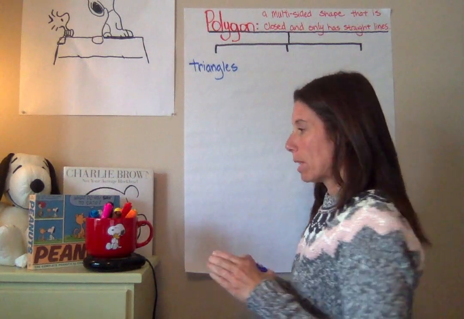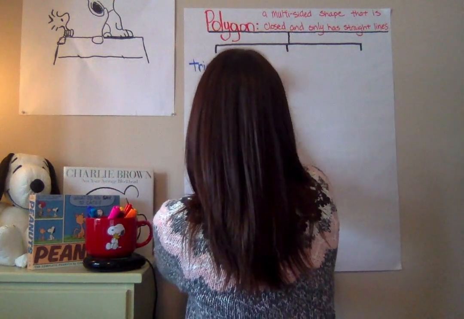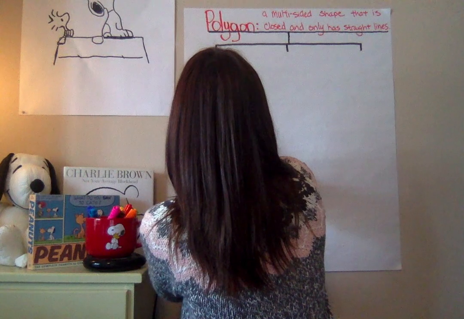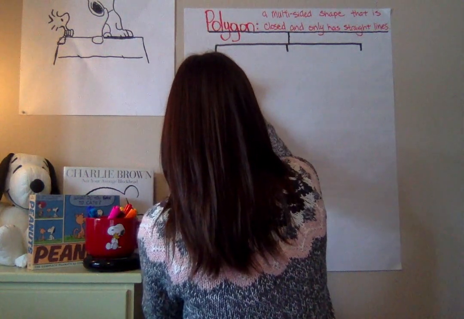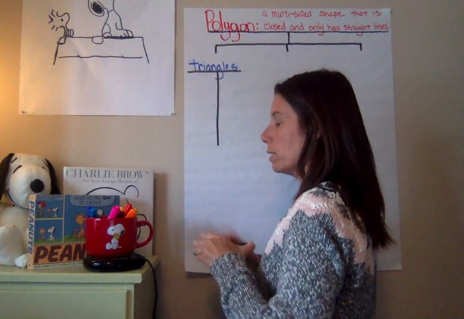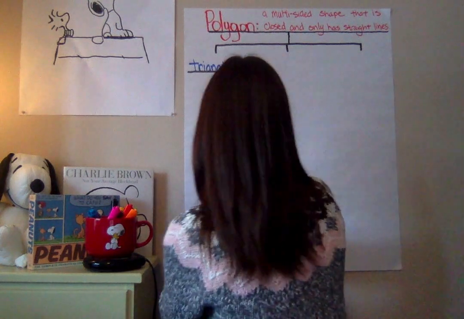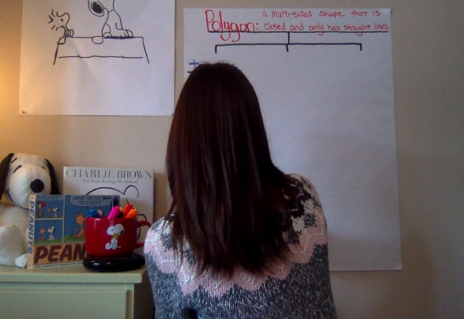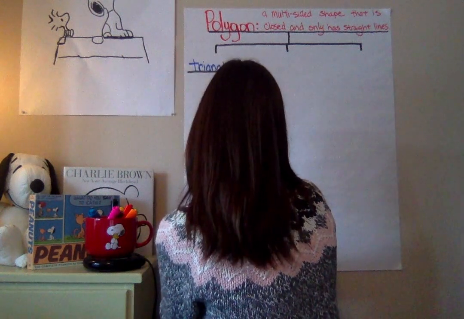So I'm going to take my black again, and I'm going to underline here my triangles, and then I'm going to draw a line way down here. And then I'm going to continue classifying with black to my blue on what a triangle is. Okay, again, I'm going to try my best with my straight lines.